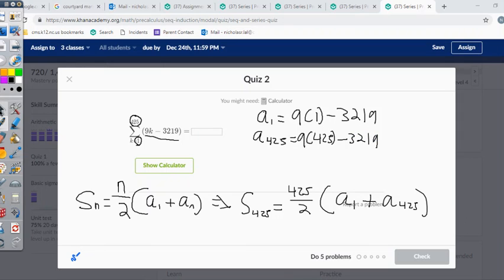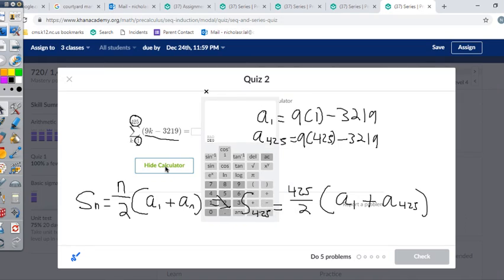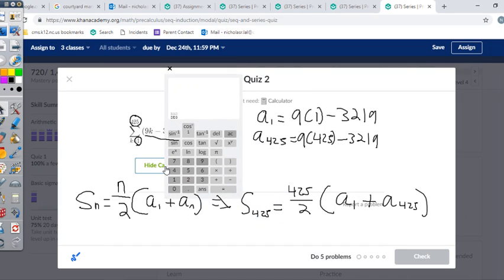What is this value going to be equal to? Well, the first term is going to be equal to 9 minus 3219. That will be equal to negative 3210.